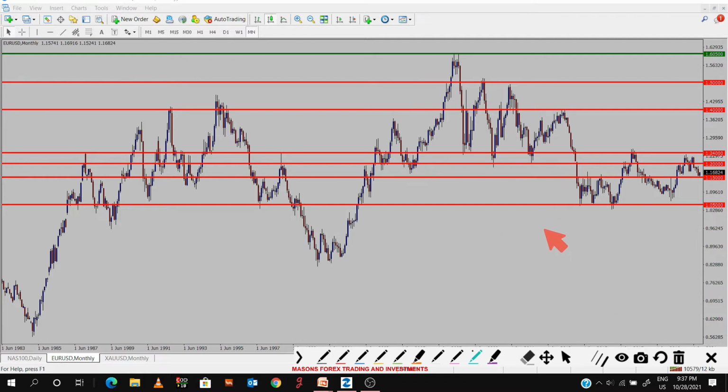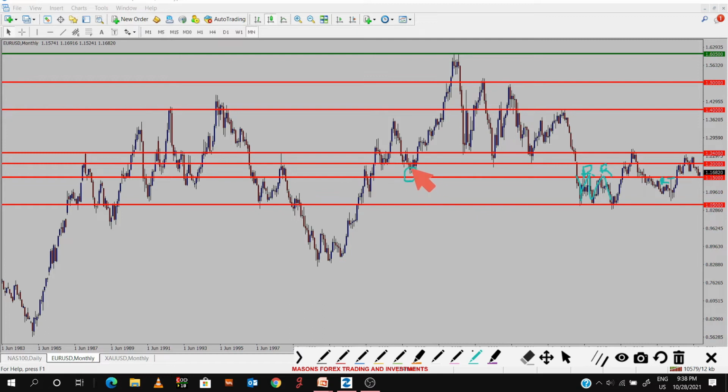Let's look at the 1.15000 level. Right at this point, we have resistance, R. You can see there's multiple resistance levels right here.